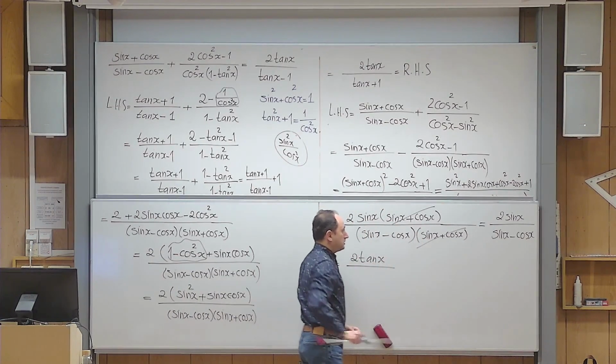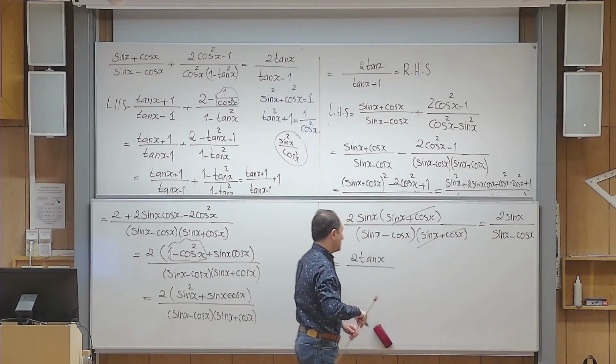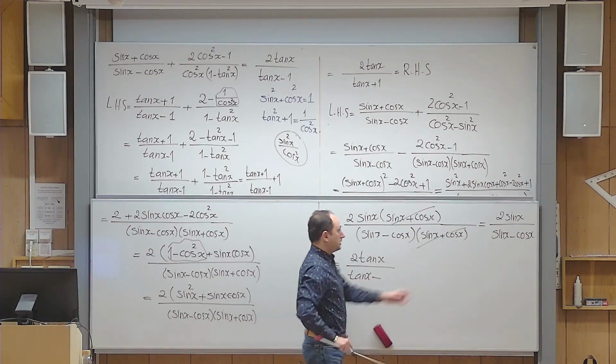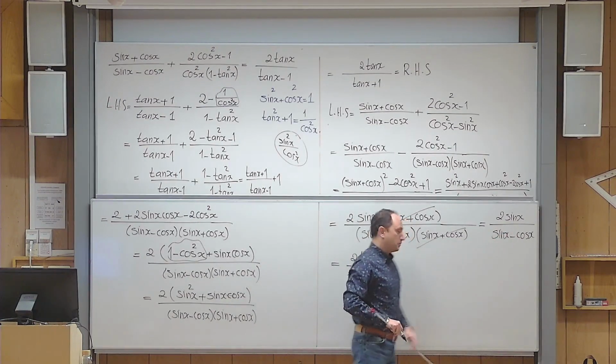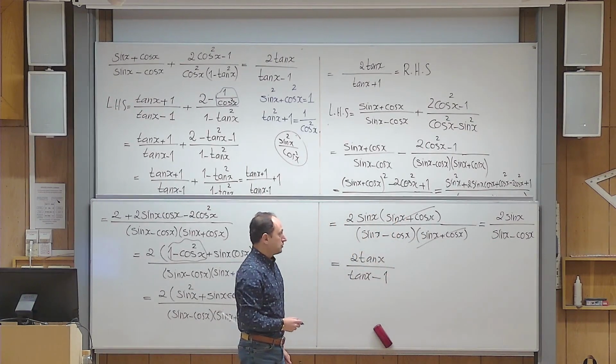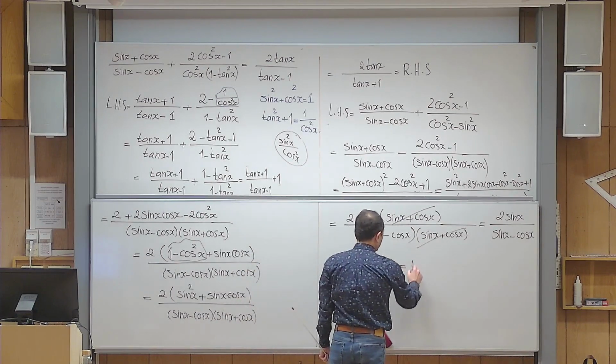And if I divide the denominator, there are 2 terms involved. If I divide this one by cosine x, it gives me tangent x once more. Minus, if I divide cosine by cosine, it becomes 1. So I rescale the whole fraction by cosine x here at the very end. And then I again reach the right-hand side.